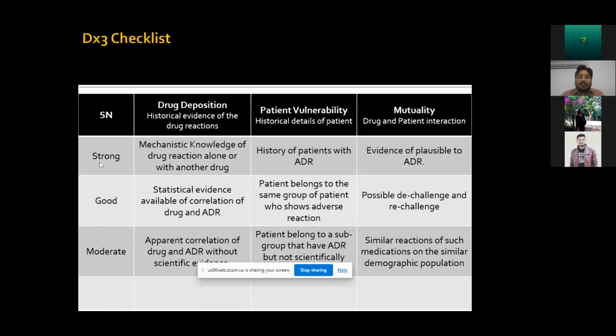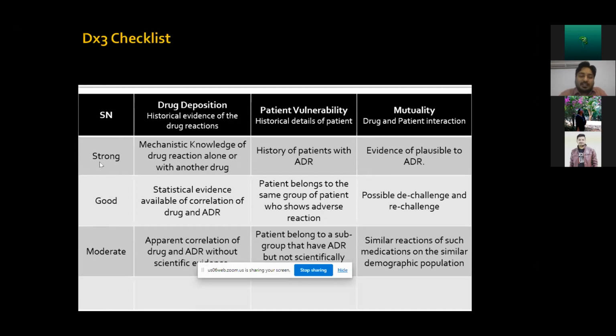For example, if you know the given drug, you know the mechanism of the adverse drug reaction, that is mechanistic knowledge of the drug reaction alone or with another drug. If you have this information about the drug and this reaction, it means that you have a strong association.